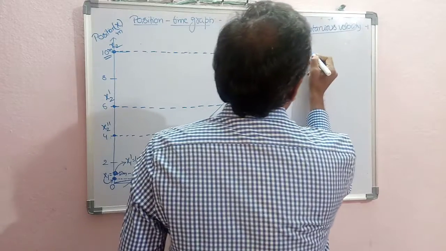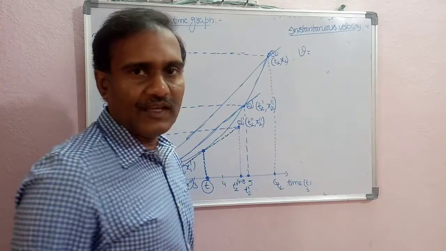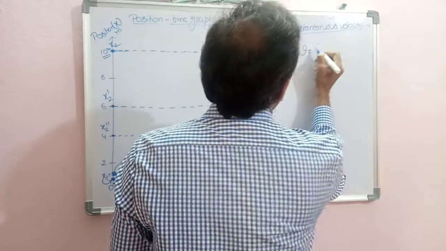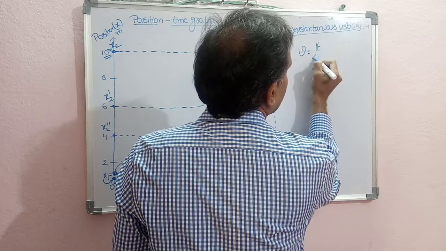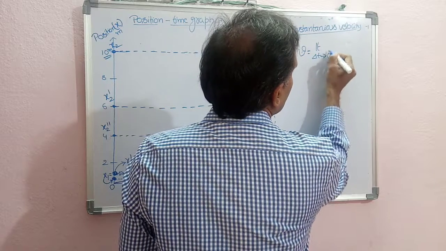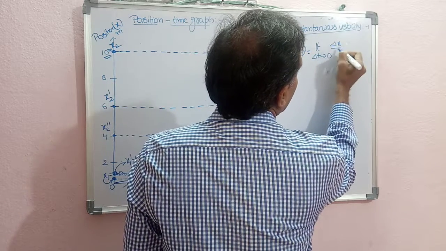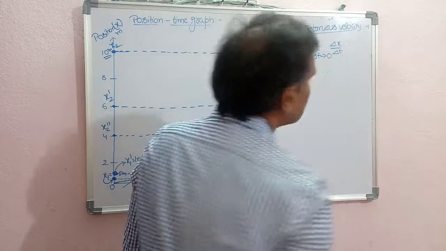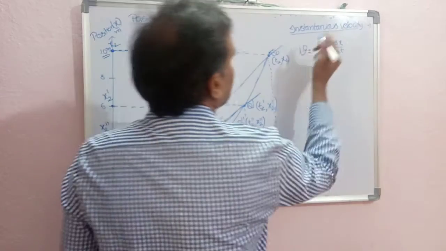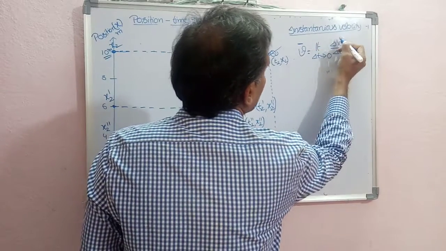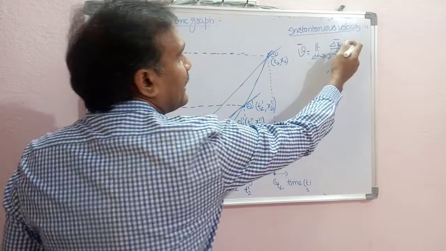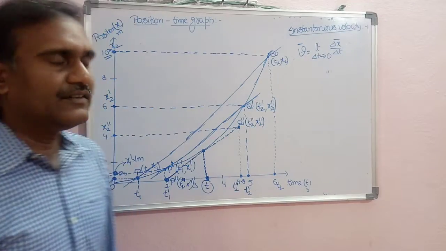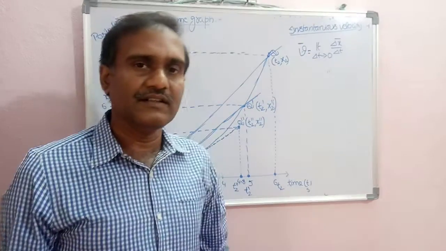Now, that instantaneous velocity, v is equal to limit delta t tends to 0, delta x divided by delta t. We are saying that it is velocity. That's why I want to put the bar on it. It is the displacement. Therefore, I want to put the bar on it.